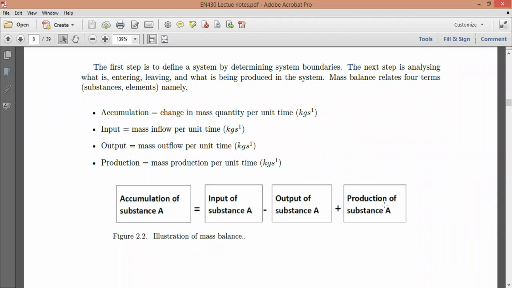So for output, how much do you expect? Provided there were no losses in the pot, you expect 500, isn't it? Are you able to get me?